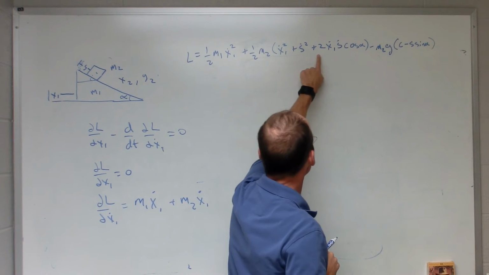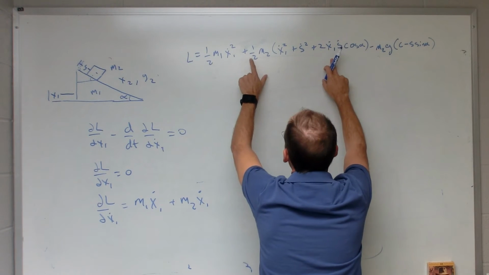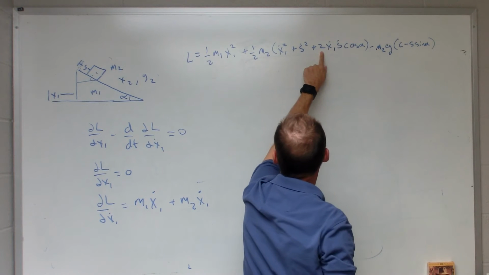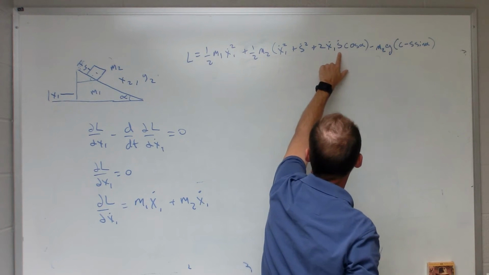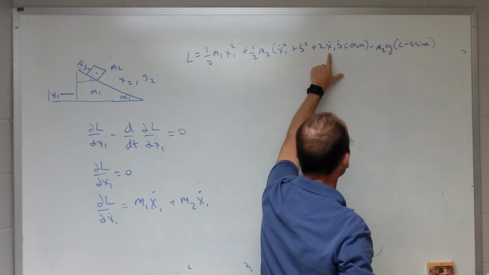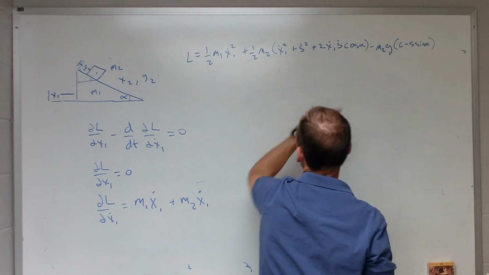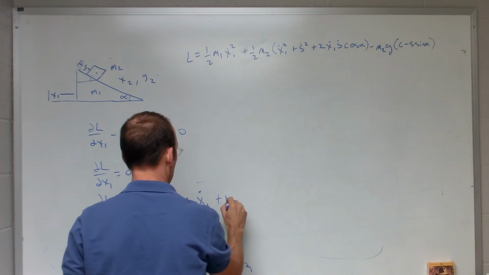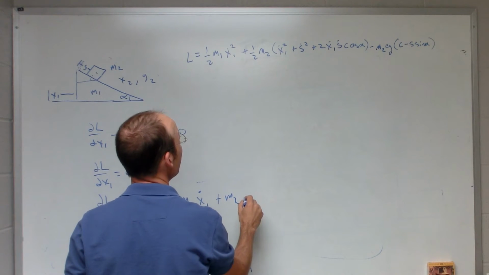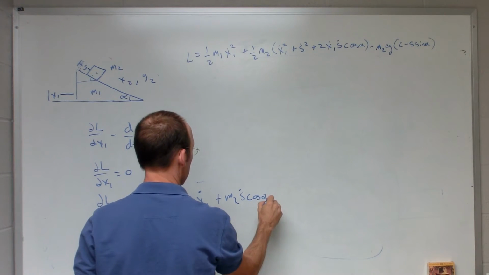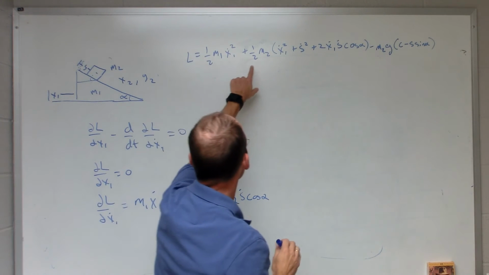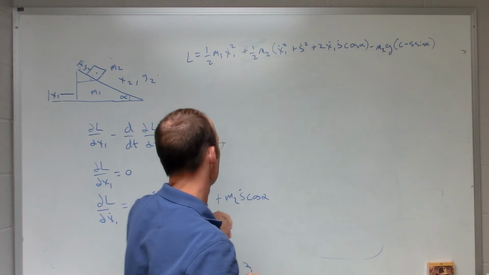That term doesn't have an x1 dot. In this one, I have a 1/2 times a 2, so those cancel, leaving m2 x1 dot s dot cosine alpha. The partial of that with respect to x1 dot is just m2 s dot cosine alpha. And there are no other terms.